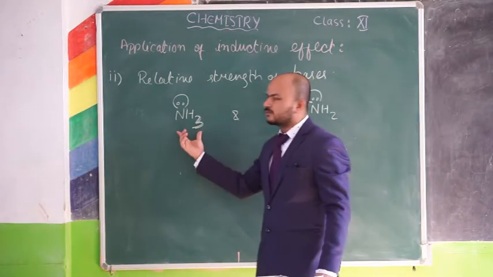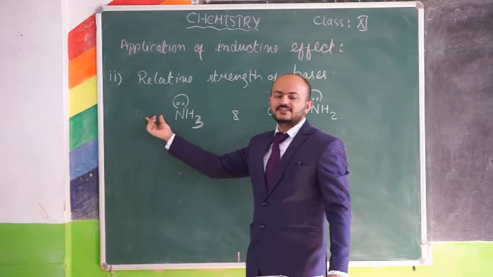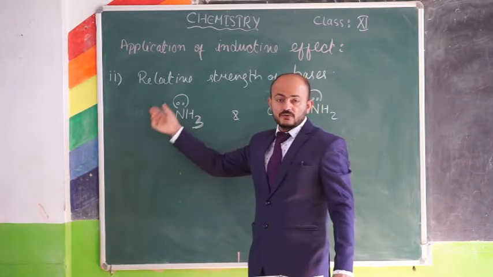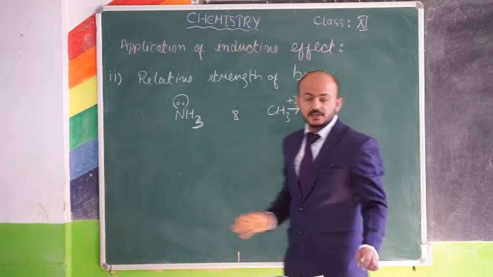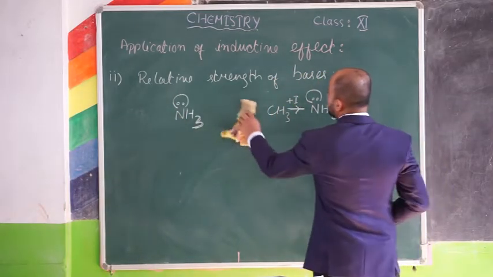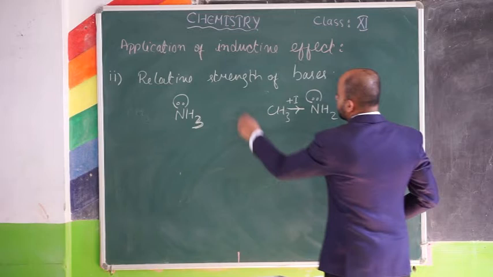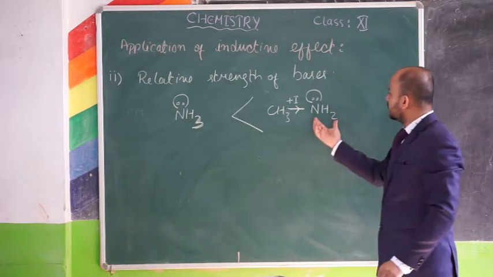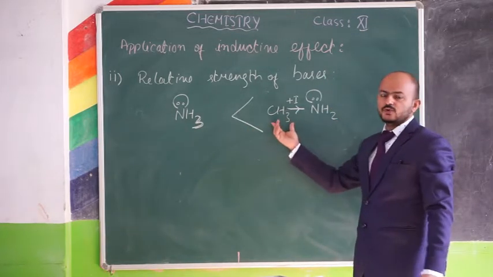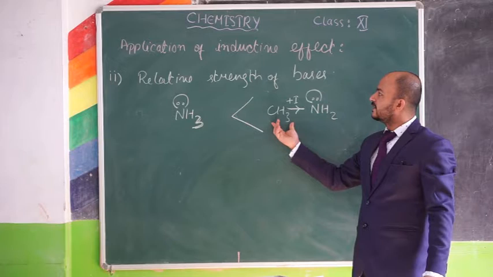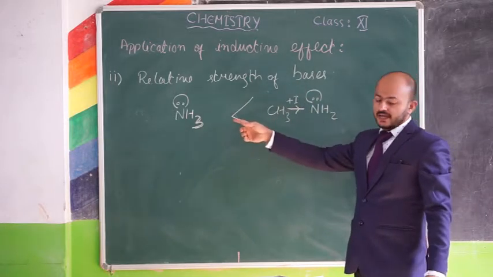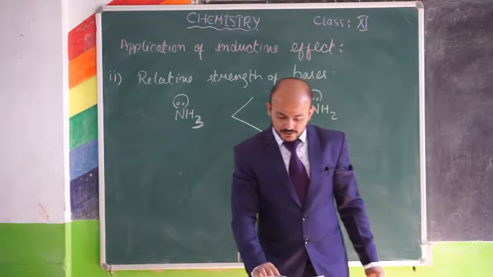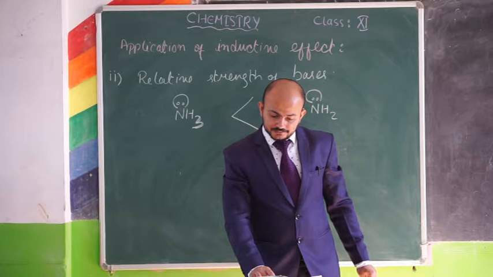Whereas here in case of ammonia, you do not have such plus I effect. Now by application of this plus I effect, we can conclude that the amine containing CH3 group is more basic compared to ammonia. Okay, so you have to remember this example.